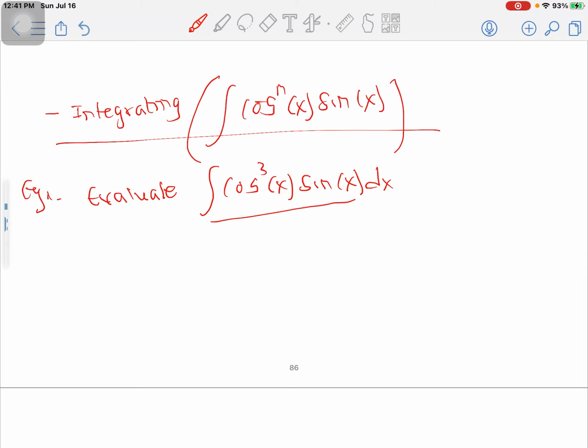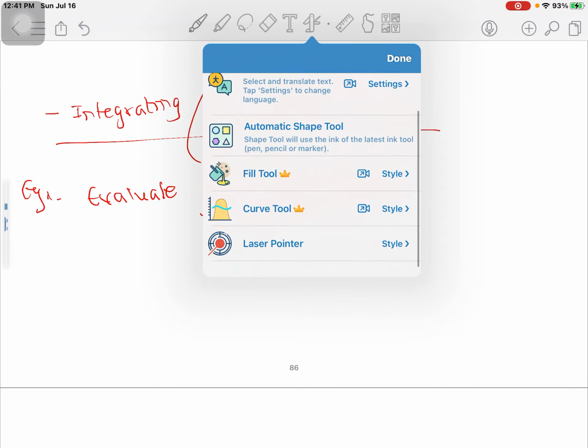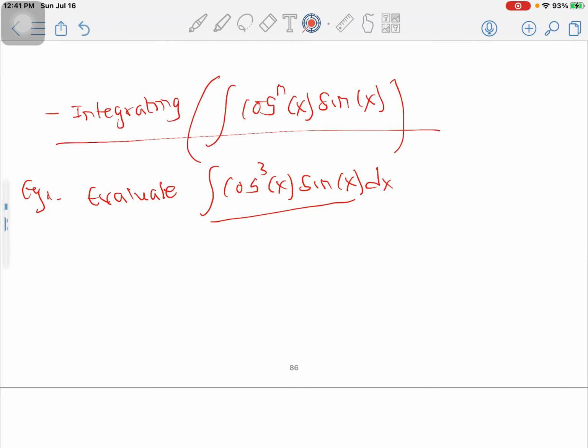So this is a major example of whatever I've written over here, right? So this means the n is 3 over here, as you can see, but the sine has a power of 1. So doing this is simple. You can do u substitution to help you eliminate sine x.